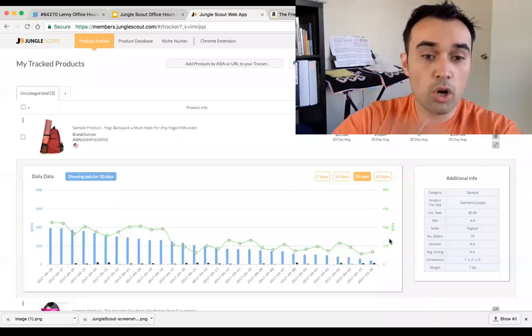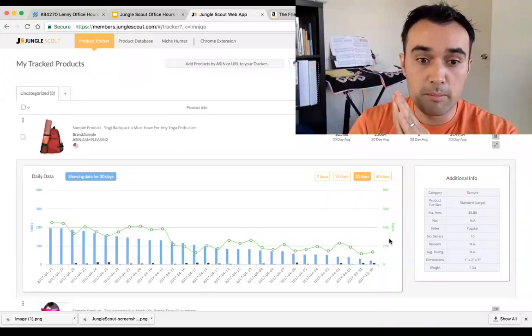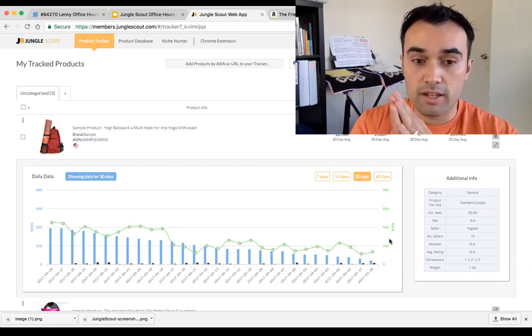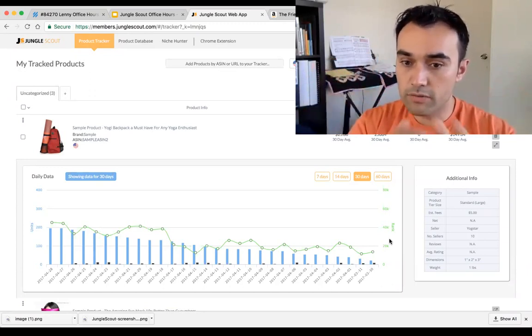So yeah, there's a complicated algorithm that comes up with the sales estimate, but we spend a lot of hard work and time on that. We have people working on that full time, so the estimates should be very accurate. So yes, we've got estimates and real sales data. So hopefully that answers your question.